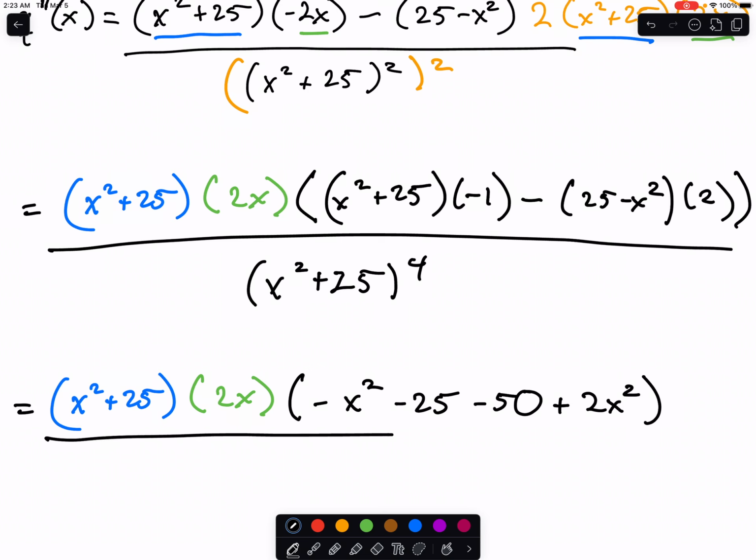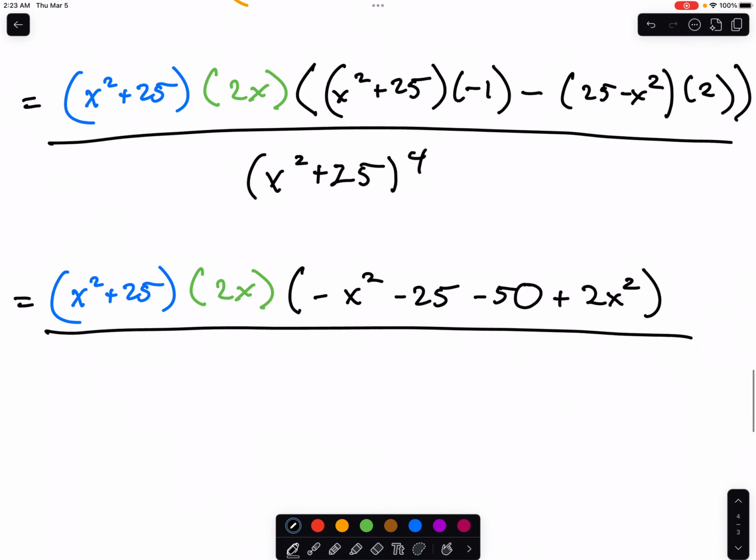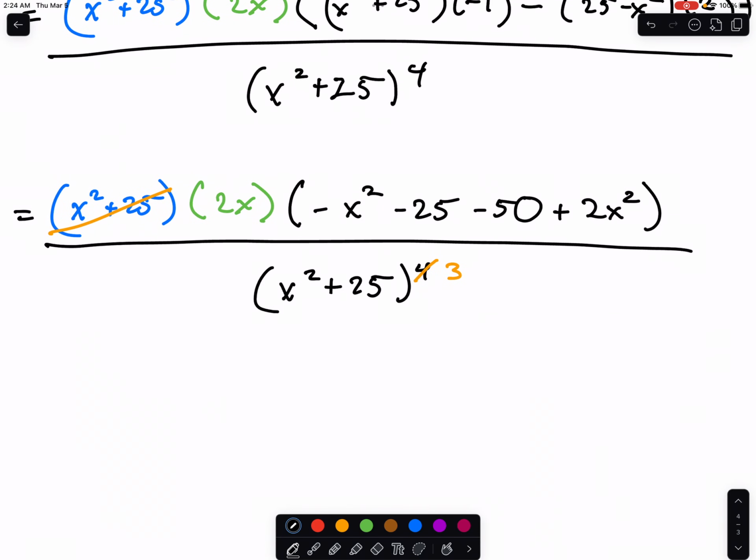Okay. All over. Okay, we're going to get some cancellations going on. We get this x²+25 to the power of 4. Okay. So this x²+25 cancels at least one of those guys, so we have 3 left over. Okay. 2x² minus 1x² is just x².